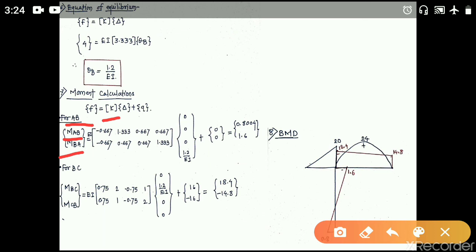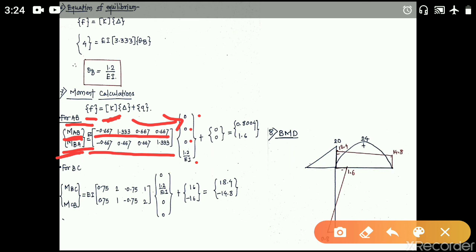So for member AB, the unknown forces, moments at AB and BA, equal K AB, taking only the second and fourth rows, times delta, the associated displacements 1, 3, 4, 6.